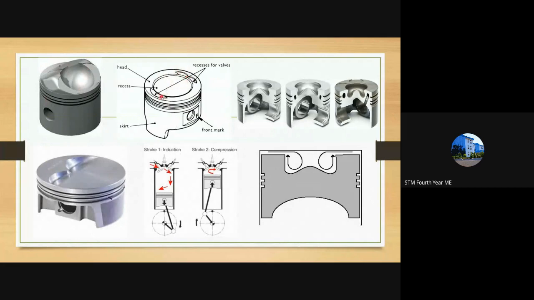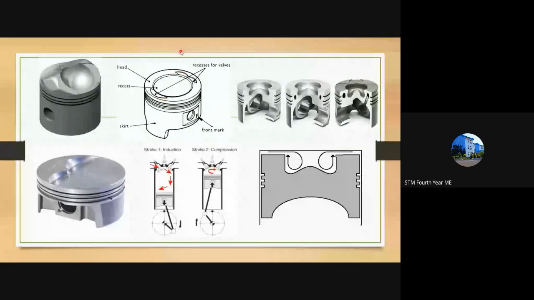There is a valve present inside the engine, and these two things are the valves. This is called the inlet valve, where the air or the fuel is injected into the cylinder. This is the exhaust valve through which the exhaust products are emitted outside of the combustion chamber. In some pistons, some areas are removed for the valve to seat.